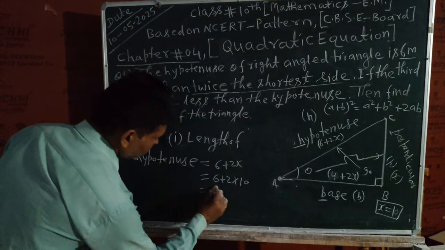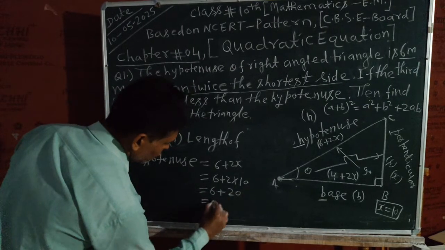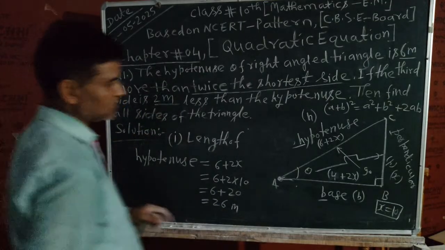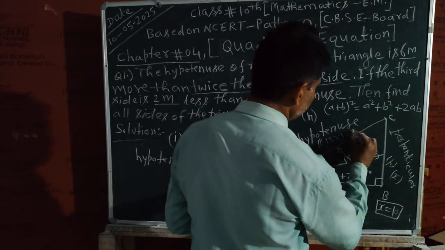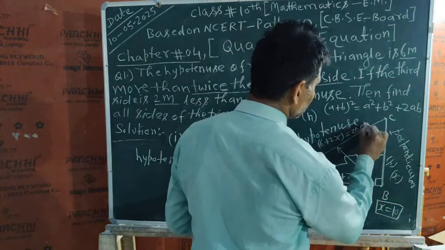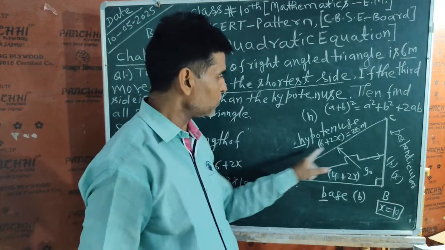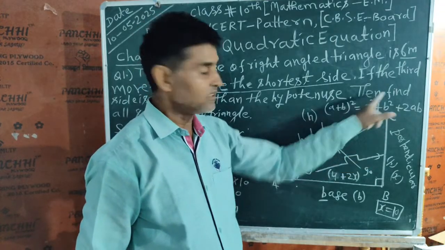So after multiplication, 10 into 2 is 20. So I will get the value of the hypotenuse, that is 26 meter. So here I will write 26 meter. This is the one answer of the given question.